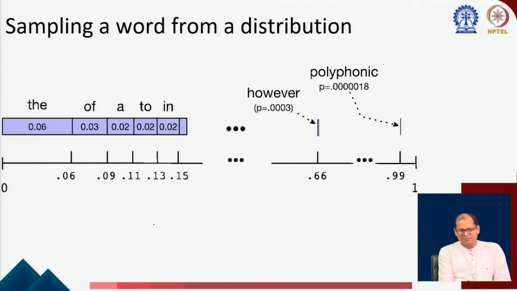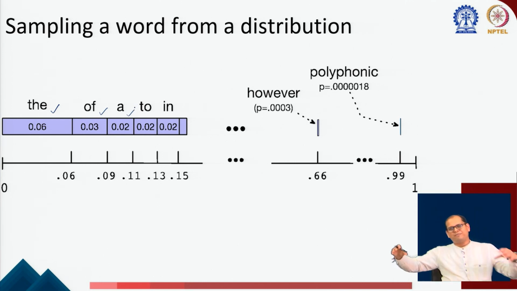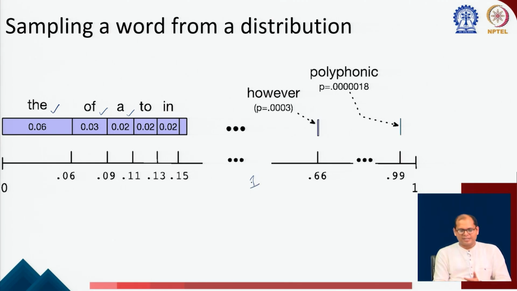So for example, if you think about putting all the probabilities on a number line, so let's say after any n-gram, the probability of the is 0.06, of is 0.03, and 0.02, and so on, and you put them on a number line from 0 to 1, right? And you randomly generate a number. Let's say right now you have generated 0.08.